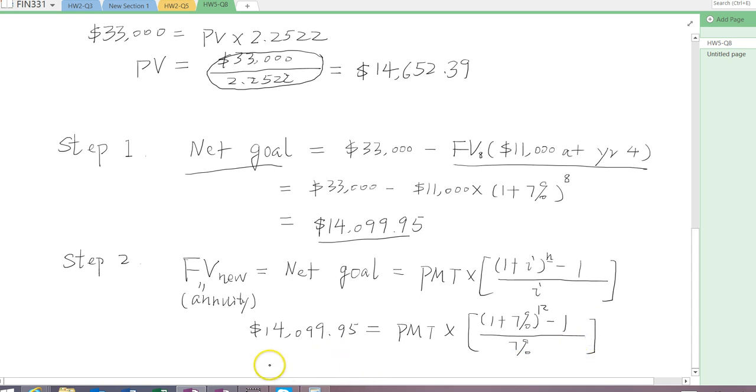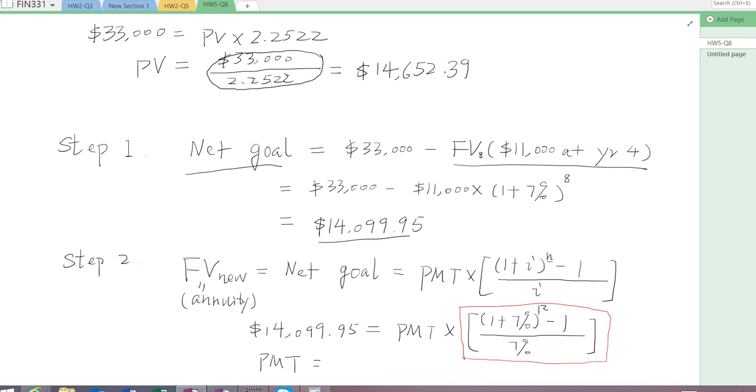To solve for this payment, we just need to divide both sides by this chunk, which is what we call the future value interest factor of an annuity at the interest rate 7% for n payments, or for 12 payments. I'm going to use the same trick as in parts A and B, and do this chunk calculation first.